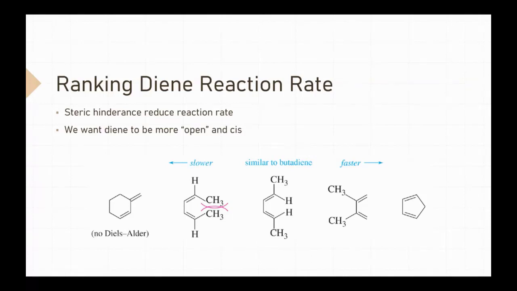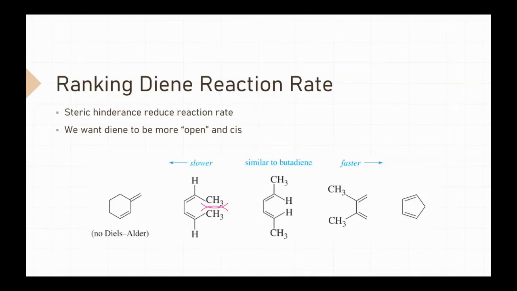Now, as you go to the right, if you have your substituents on the inner part of the diene, it's going to have that steric hindrance. You want it to be on the outside, like here. If possible, you want it to be completely away from the reaction, like the fourth one. And then here, the reason why this is fast is because it's locked in that cis configuration.